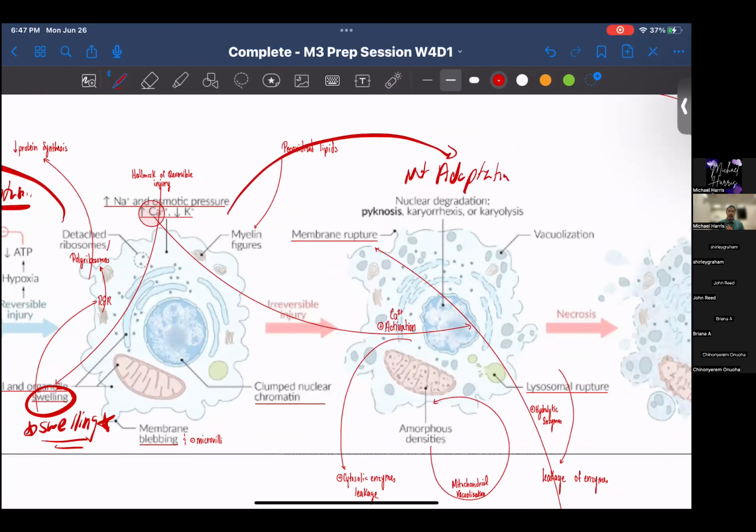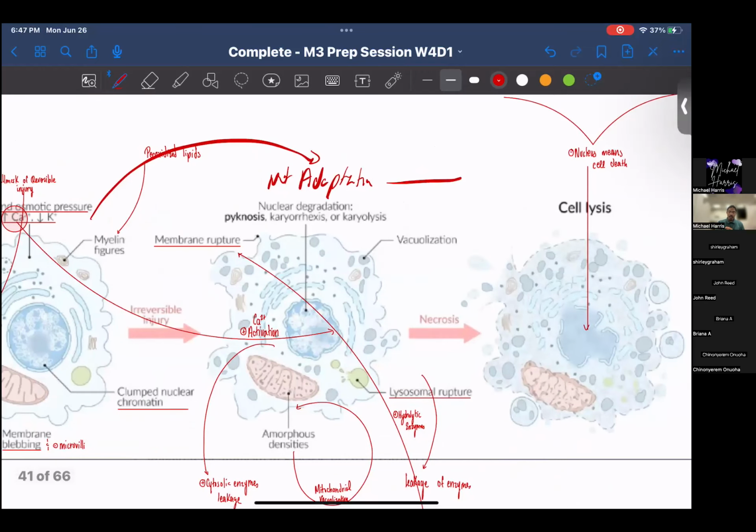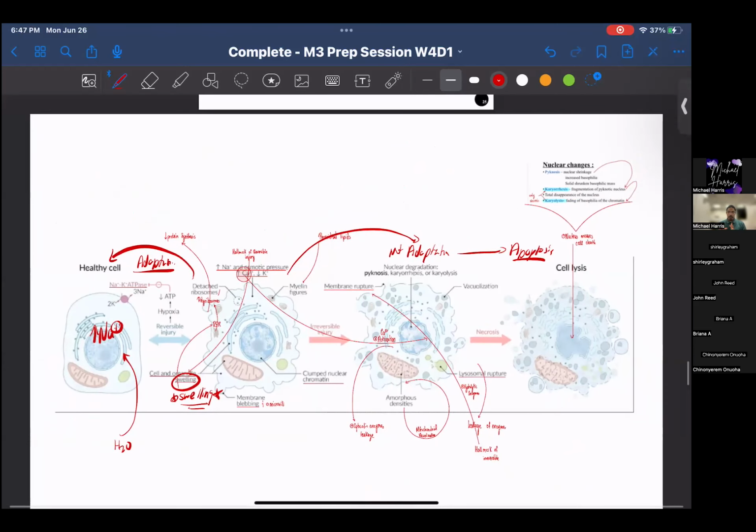Okay? And undergo apoptosis. Does that make sense? First, you get cellular injury. At this point where it's reversible, it can either adapt and come back and be healthy or not adapt and die.